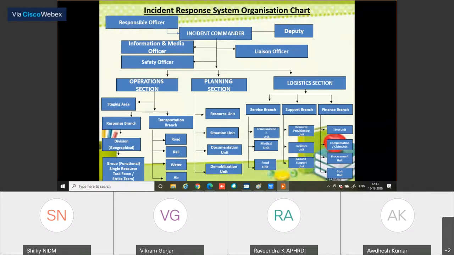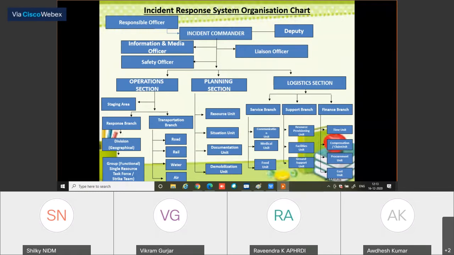And this IRS is applicable because it can help us respond to various disaster events such as cyclone, earthquake, and complex emergencies, or an incident within an incident.